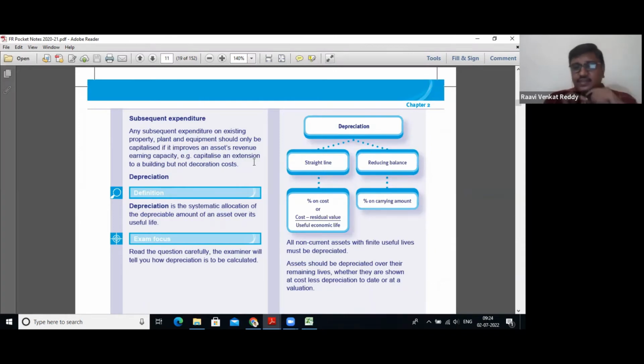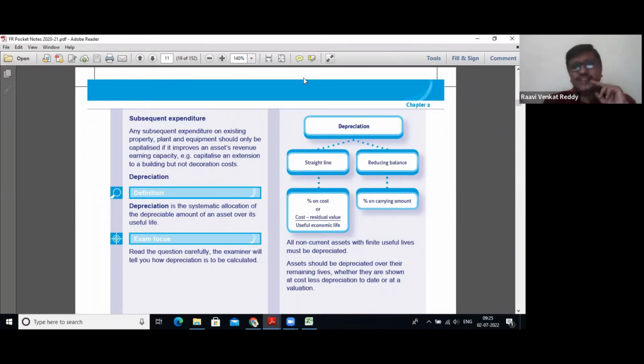Clear? Right. Now, when it comes to depreciation, I don't want to dig into that. We generally follow the straight line method and the reducing balance method. In the straight line method, the formula for computing depreciation is cost of asset minus residual value divided by useful life. Residual value is what you expect after its useful life, when you dispose of it.